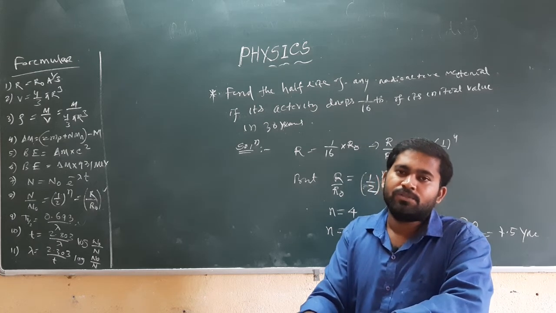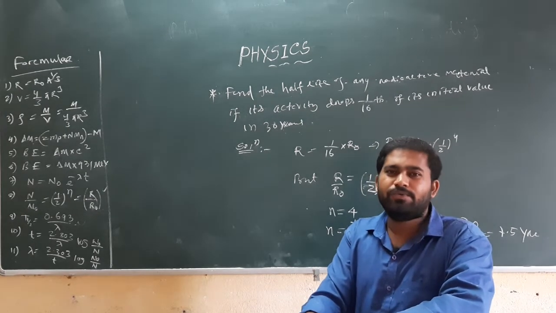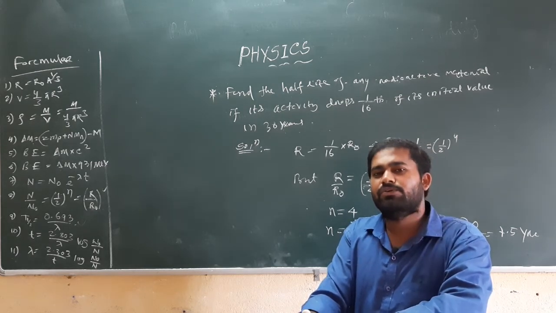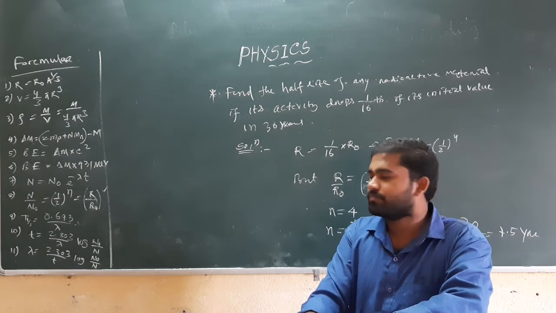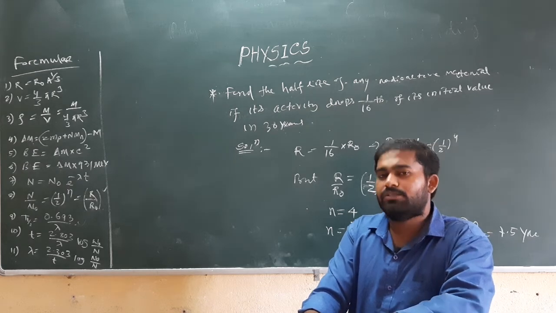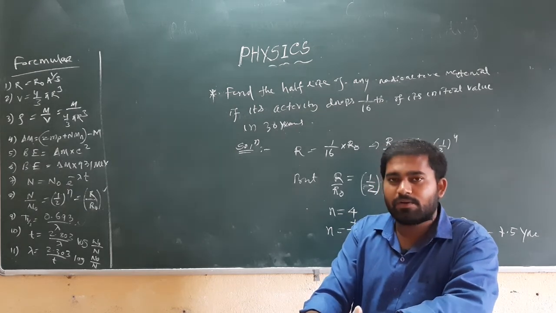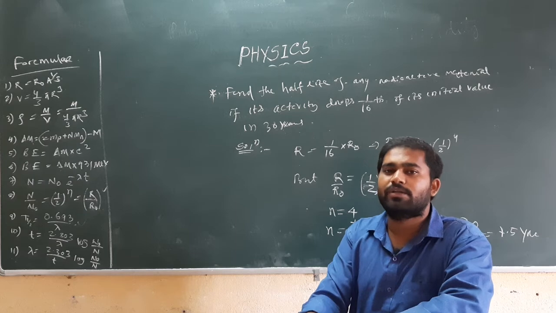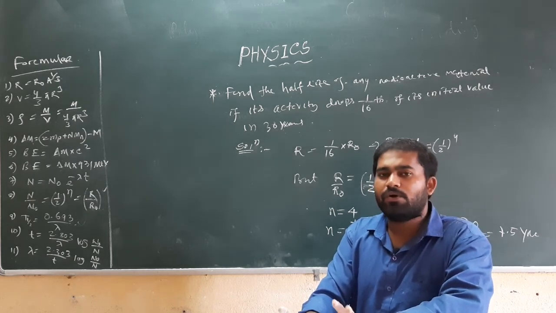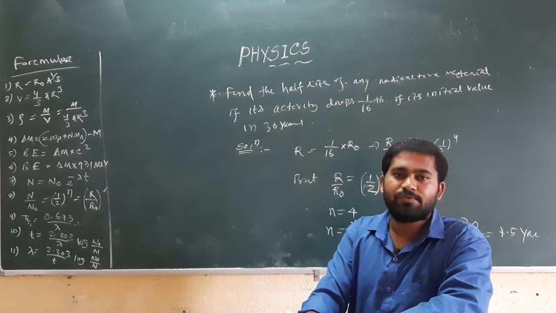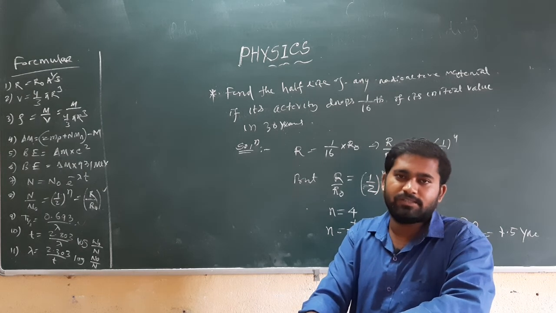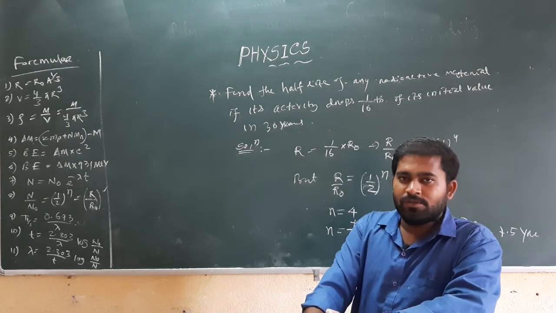I think all of you get some basic idea how to solve nuclear physics problems. Also in the last class we have already calculated the Q value of a nuclear reaction. By solving all the problems you may clarify what type of problems you will face in your board exams. Okay, thank you.